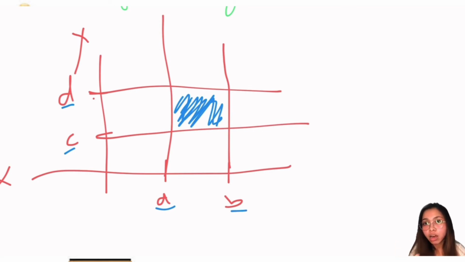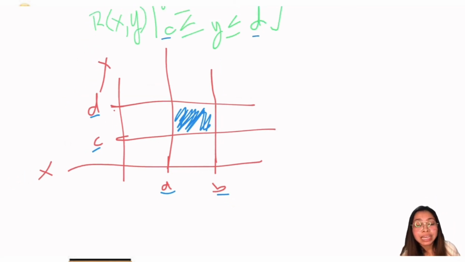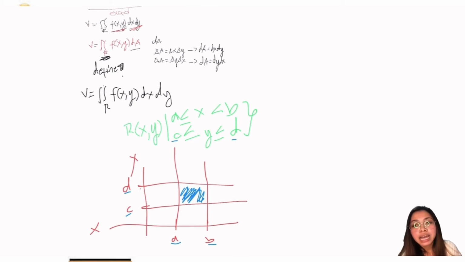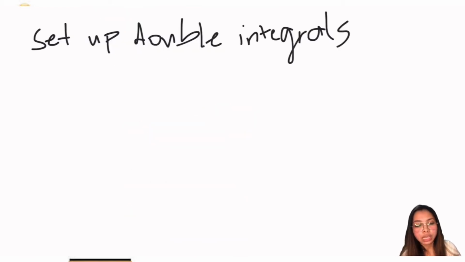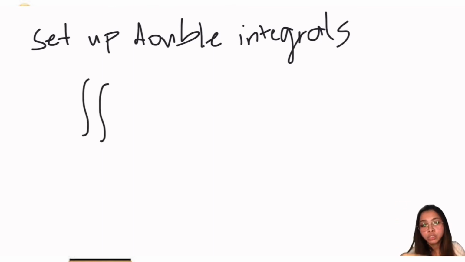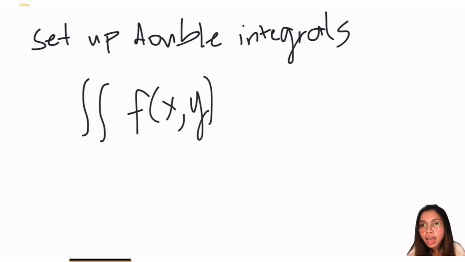This is our region. Because of the dA relationship, there are actually two ways to set up any double integral. So for the first one, we draw two integrals, f of x, y.